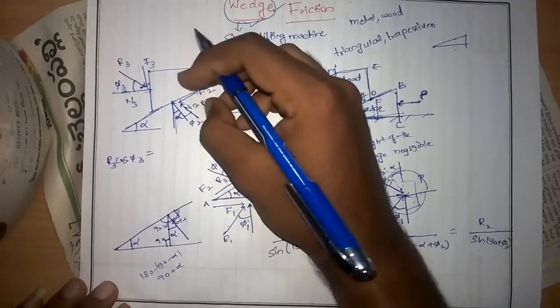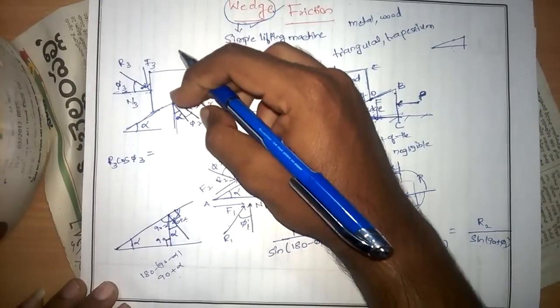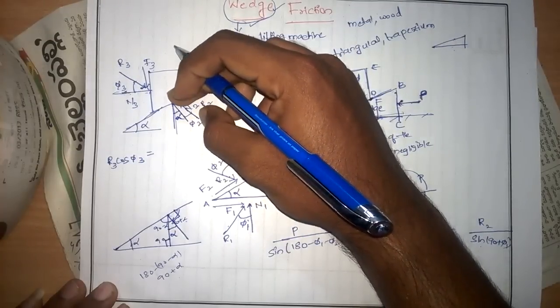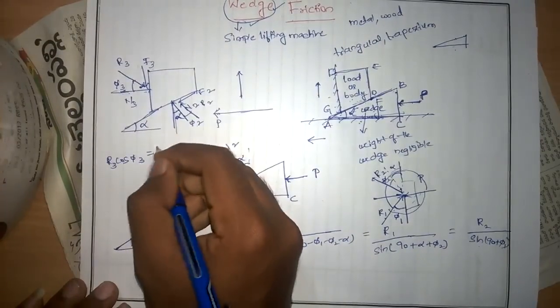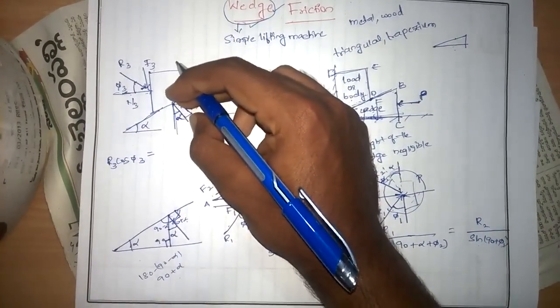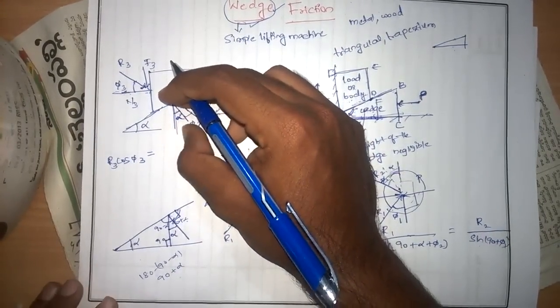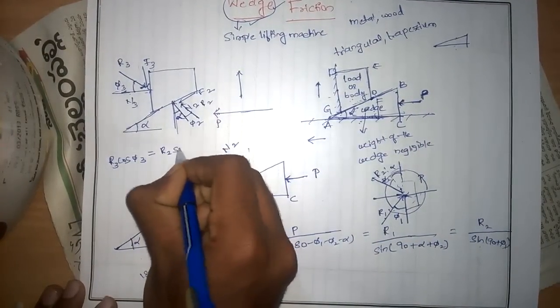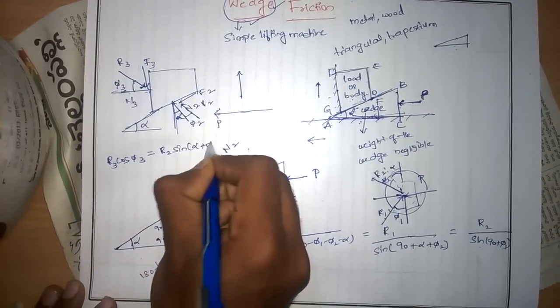Now, whenever this resultant is resolved, R2 cos alpha plus phi 2 in the y direction, and in the x direction we get R2 sin of alpha plus phi 2.